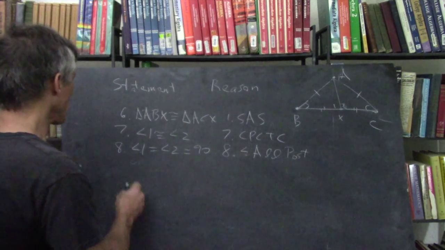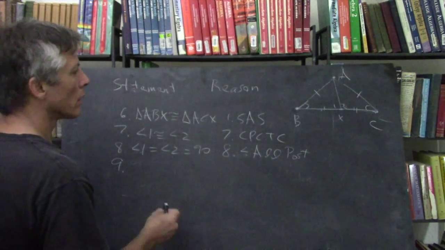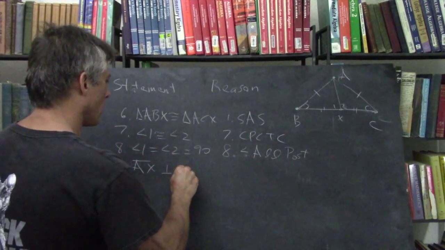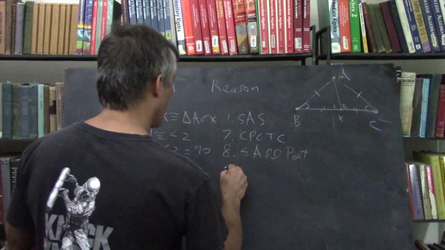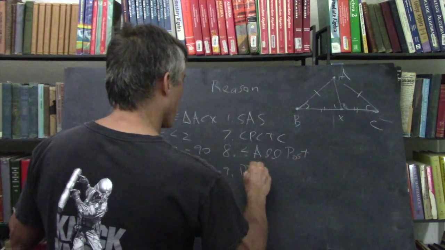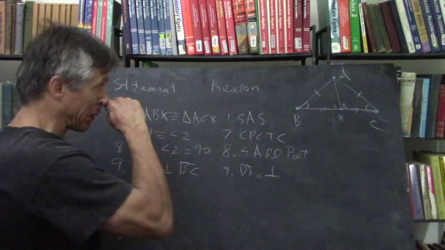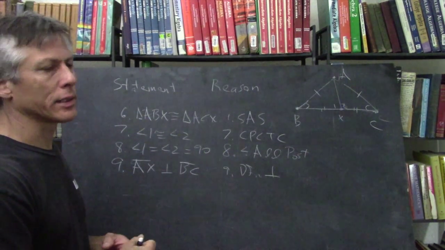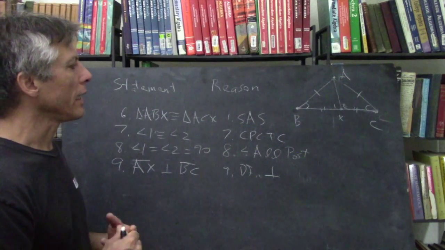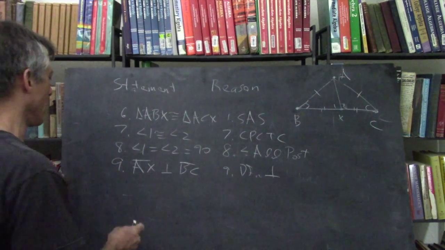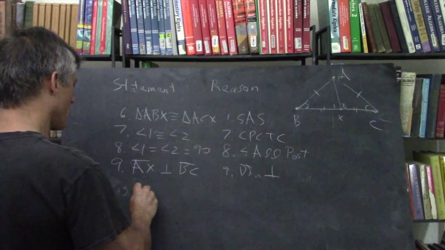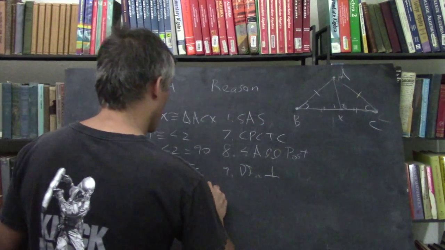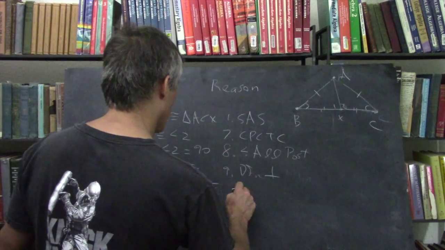And then AX perpendicular to BC, definition of perpendicular. But remember, that contradicts the assumption that AX is not perpendicular to BC. A is on the perpendicular bisector of BC.